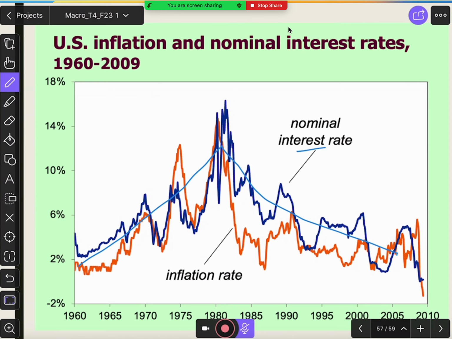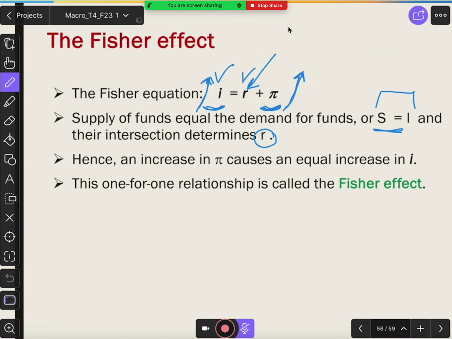So in other words, you can think of it this way: the interest rate depends on inflation. You can also write inflation as pi. And notice that the I stands for the nominal interest rate, and the R stands for the real interest rate.